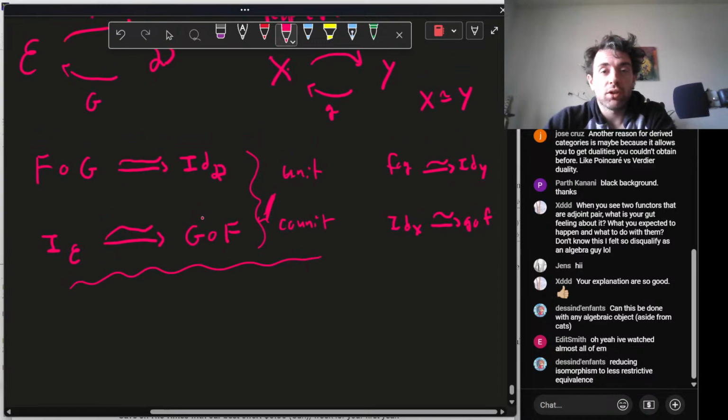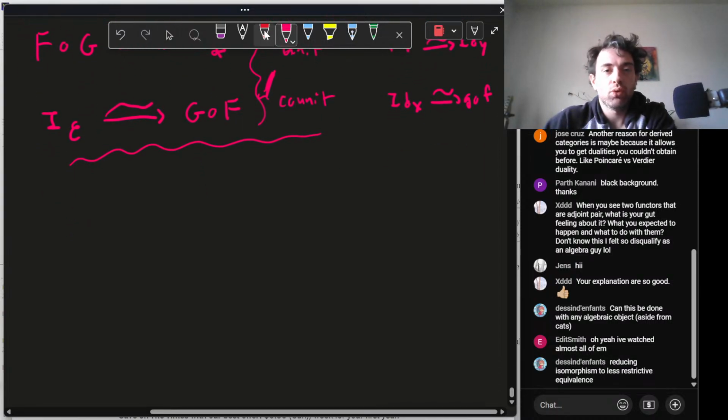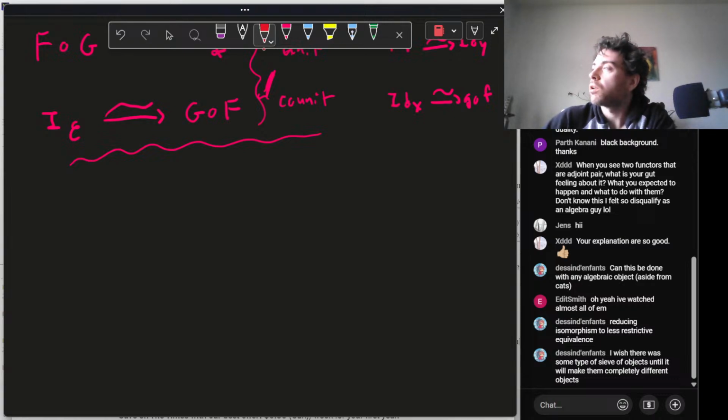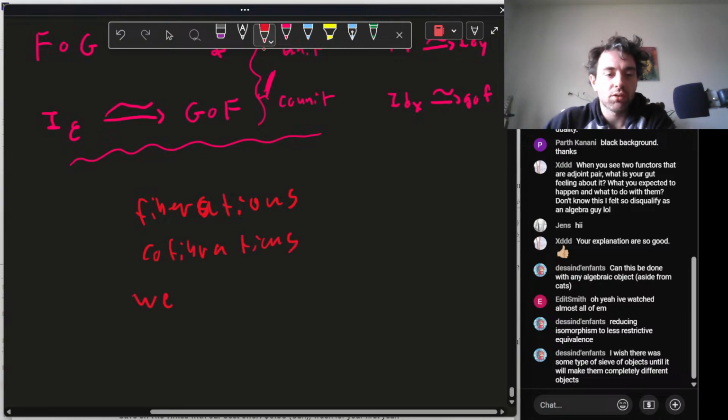And there's an approach to homotopy theory or infinity categories in general that talks about, what is it called? Something categories, I can't think of it. But basically you write down a class of maps that you consider fibrations, a class of maps that you consider cofibrations, and then a class of maps that you think of as weak equivalences.